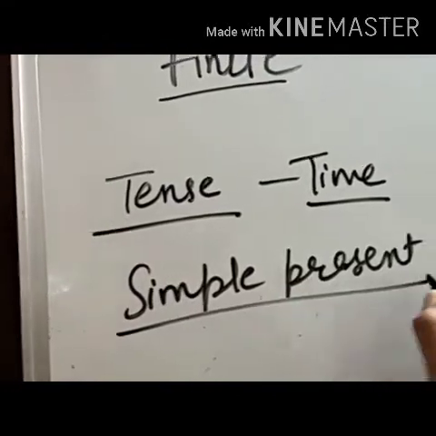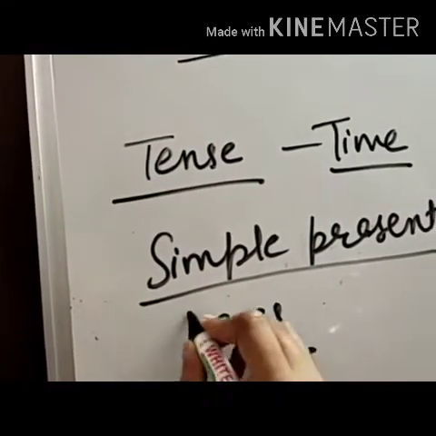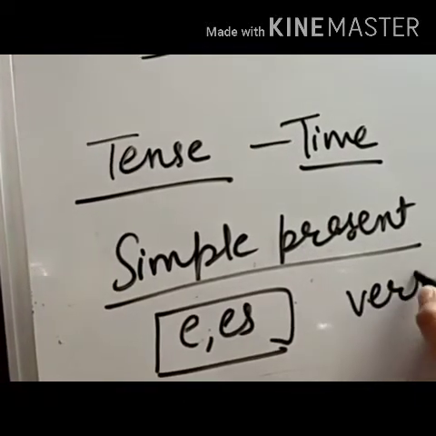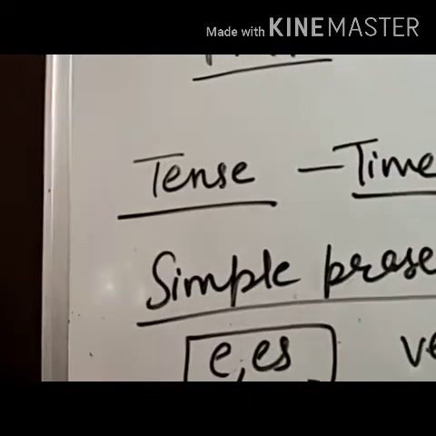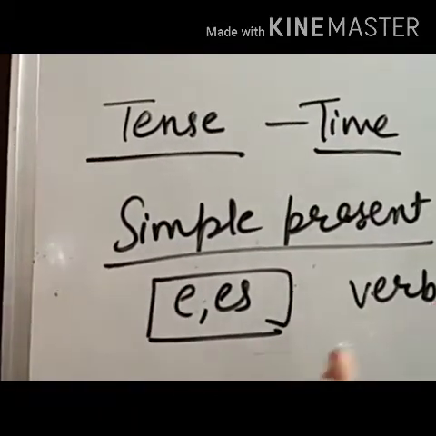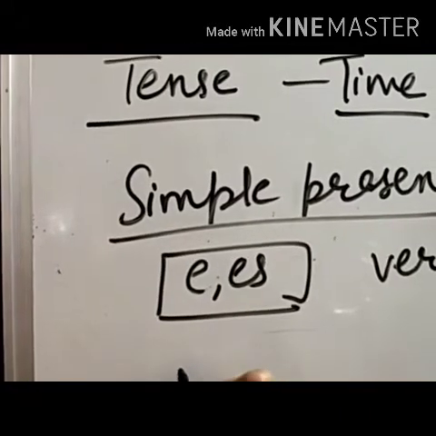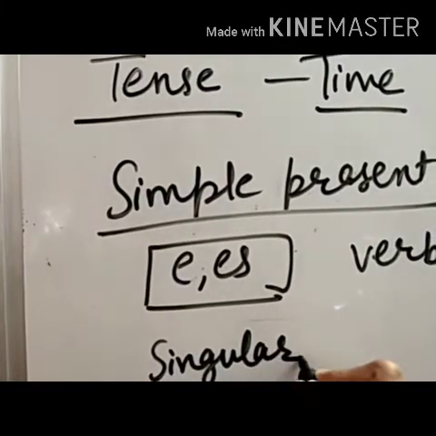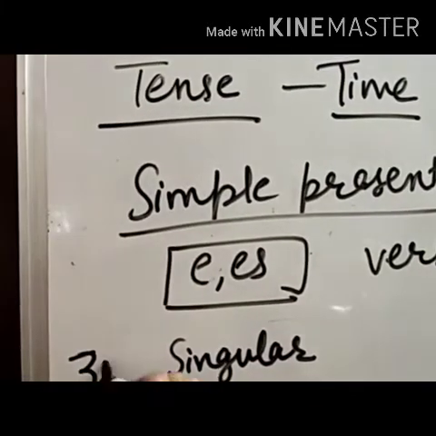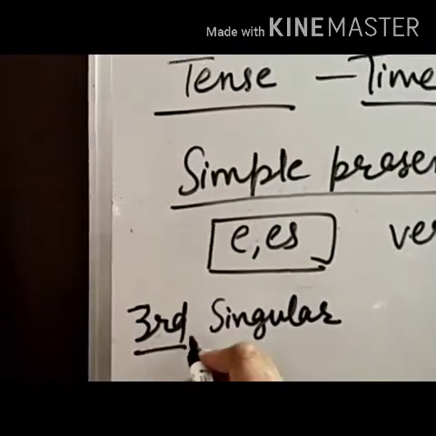In this what we do, we apply S/ES with the verb. In simple present, we apply S/ES with the verb. When and why we use S/ES? We use it when we are talking about a singular person, third person singular.